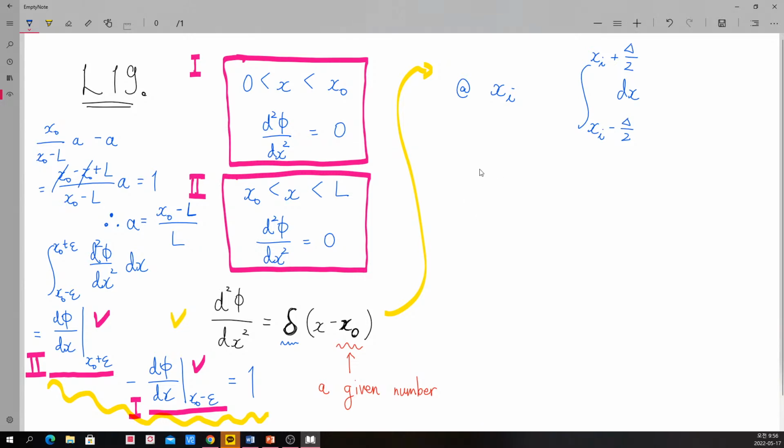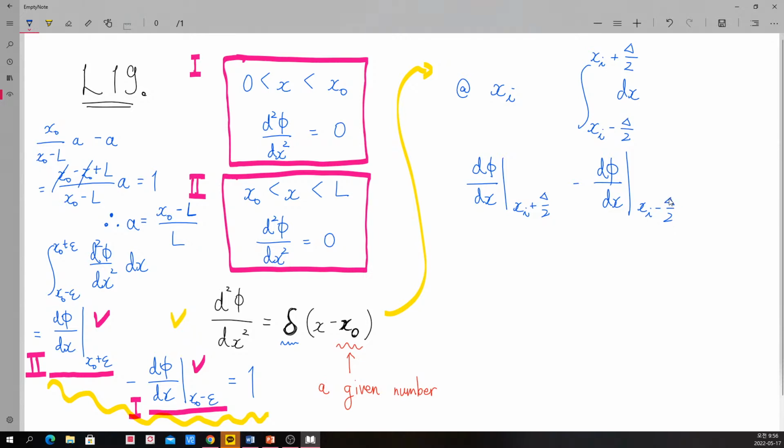Then you can immediately understand that, yes, evaluate x sub I plus half minus, you have done it already in your previous homework.